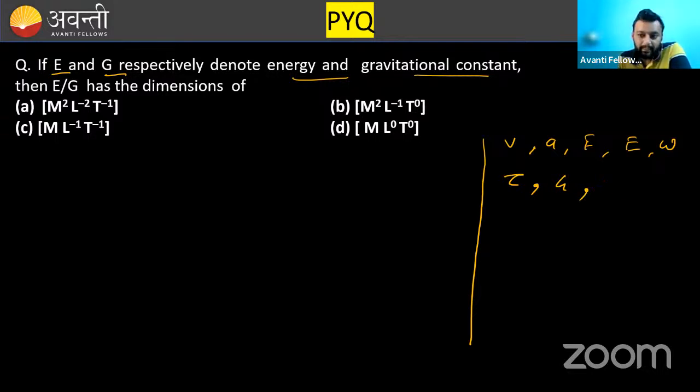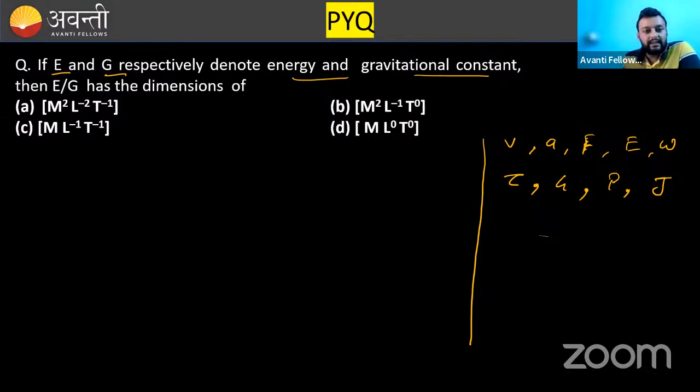These are the very basic fundamental dimensions that are used generally. Momentum, impulse. Write these dimensions and remember at least a few of them.